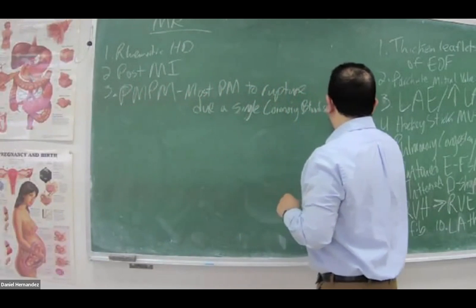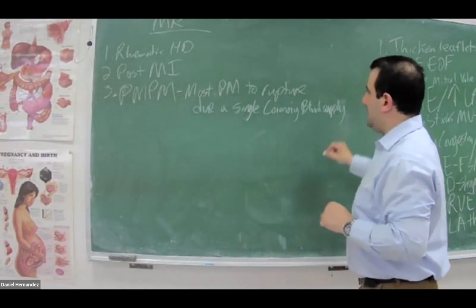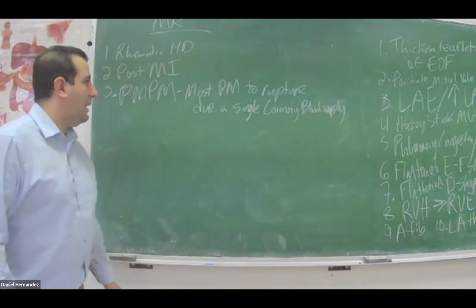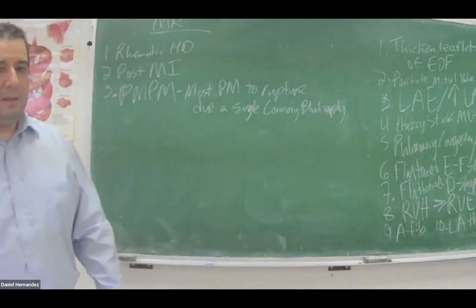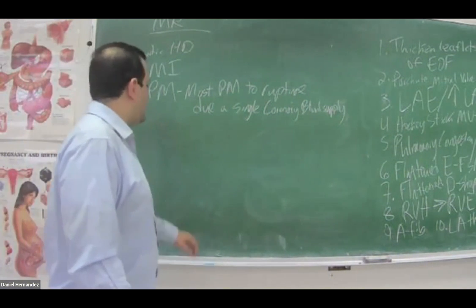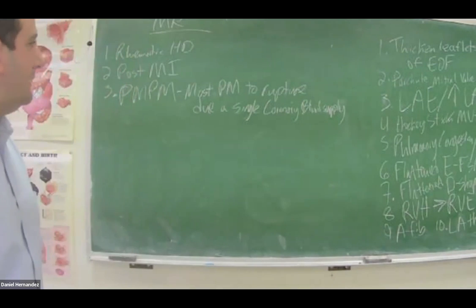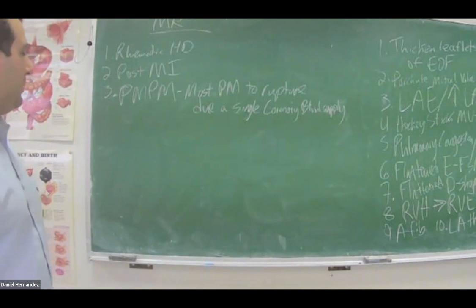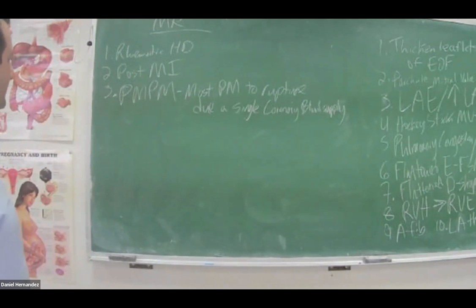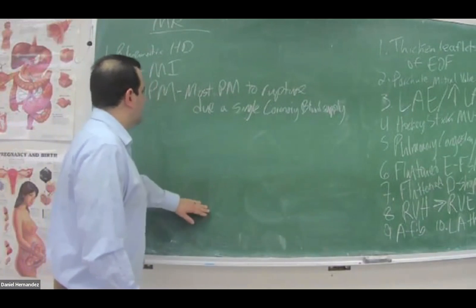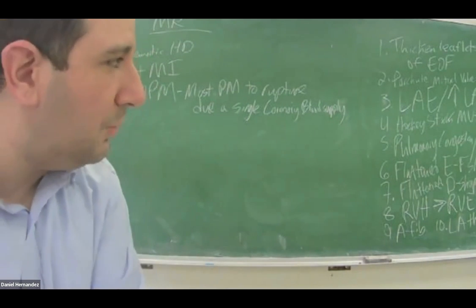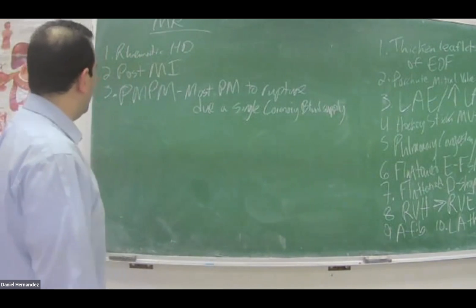The anterolateral papillary muscle is actually supplied by 2 coronary arteries, whereas the posterior medial is supplied by just the one. The posterior medial is supplied only by the right coronary artery, whereas the anterolateral is supplied by the LAD and a branch of the left circumflex. So that might potentially show up on your boards, asking you which papillary muscle is the most likely to rupture.